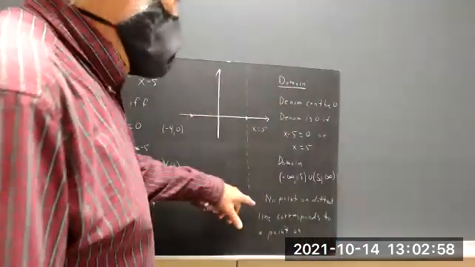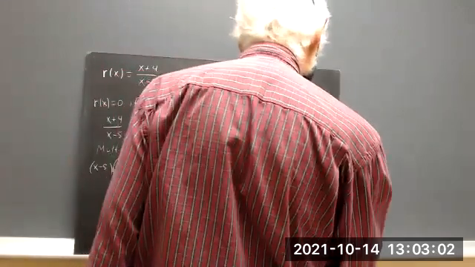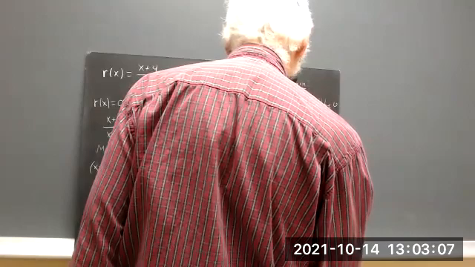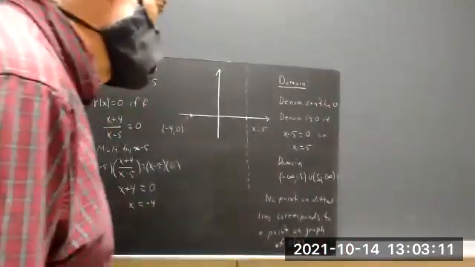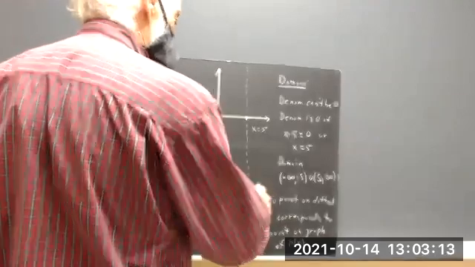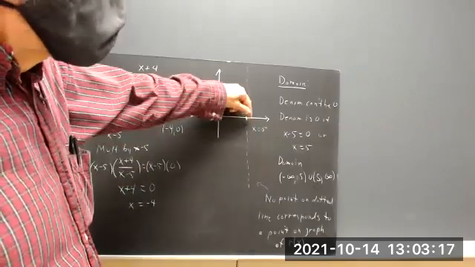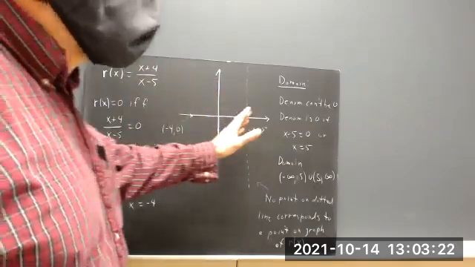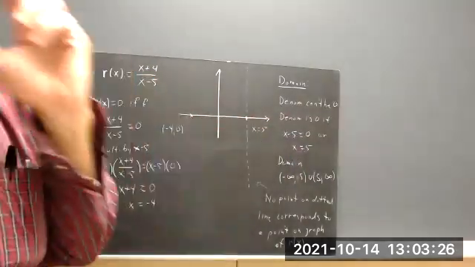No point on the dotted line corresponds to a point on the graph of r of x. So the graph of r of x is all to the left of x equals 5 or to the right of x equals 5. It does not include the line x equals 5.